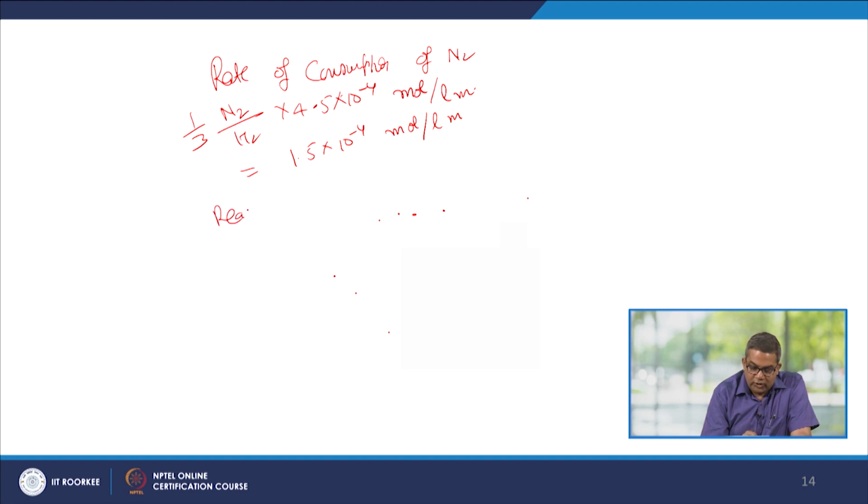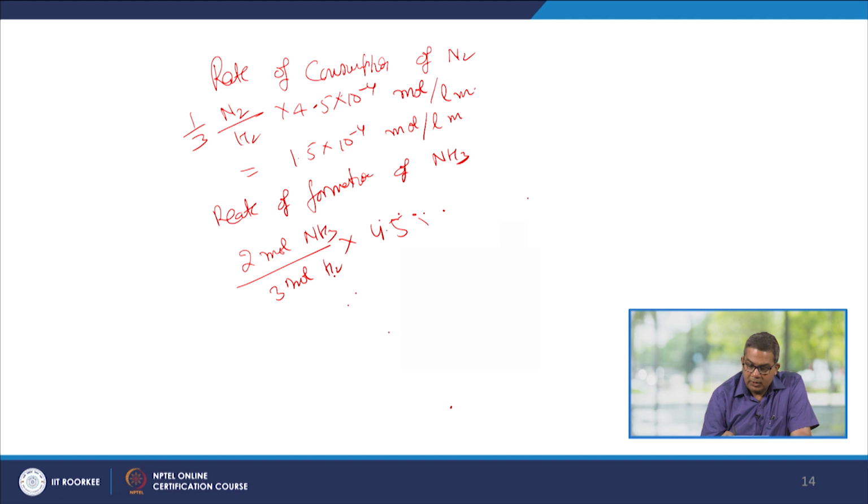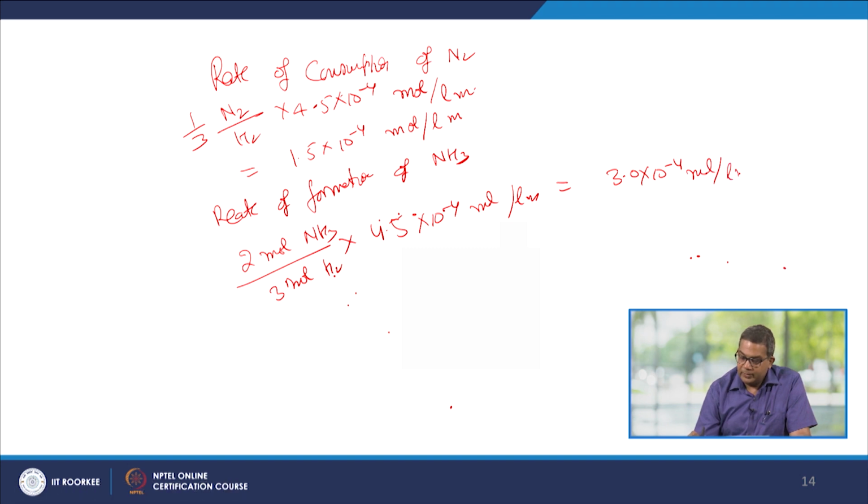So, the rate of formation of NH3 is equal to 2 mole of NH3 upon 3 mole of H2 multiplied by 4.5 into 10 to the power minus 4 mole per liter minute. This comes out to be 3.0 into 10 to the power minus 4 mole per liter minute. So this is our answer.